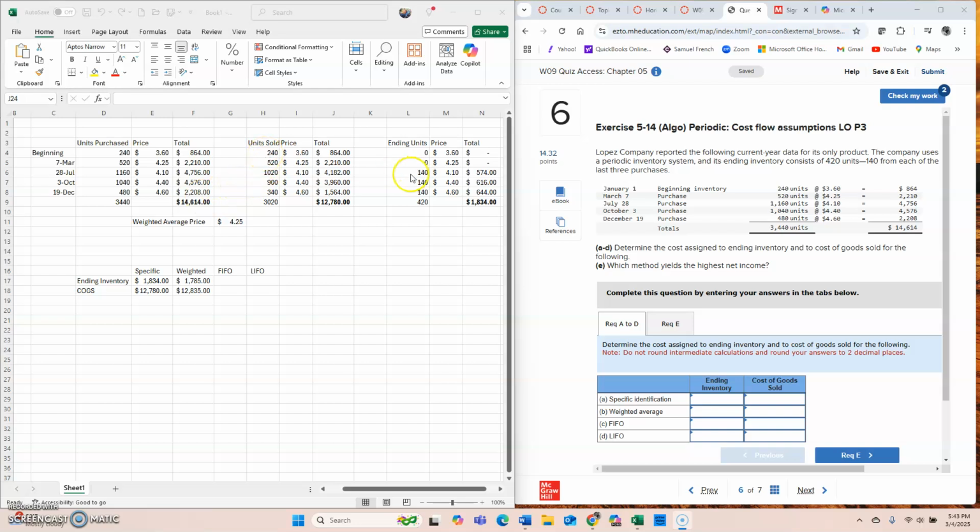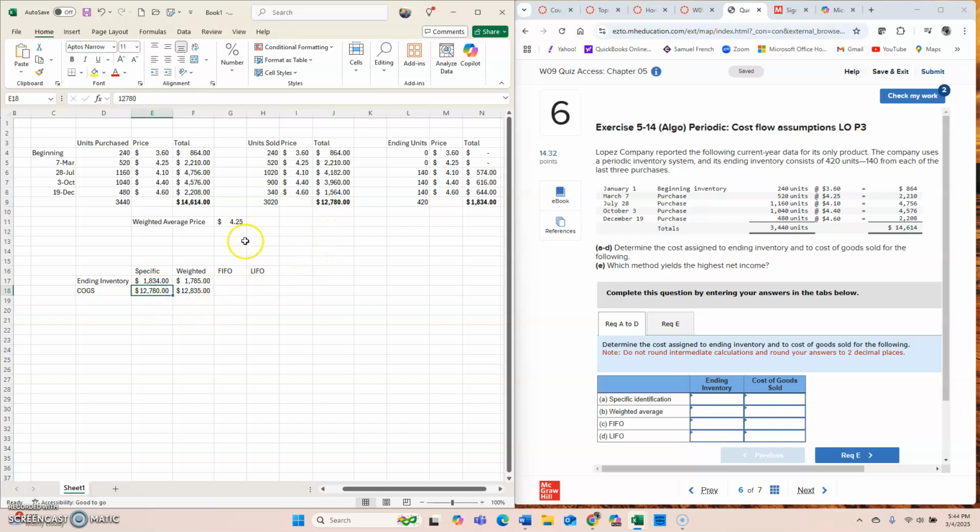So we know that there's going to be 140 from each of these last 3 purchases, like July 28th, October 3rd, and December 19th. So in here, I just minused 140 from our original total that was purchased. So for our specific, our ending inventory is going to be $1,834.